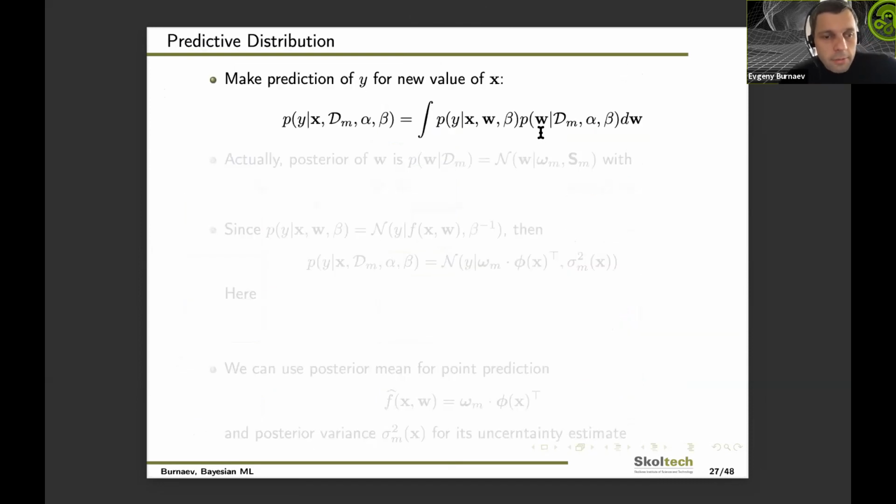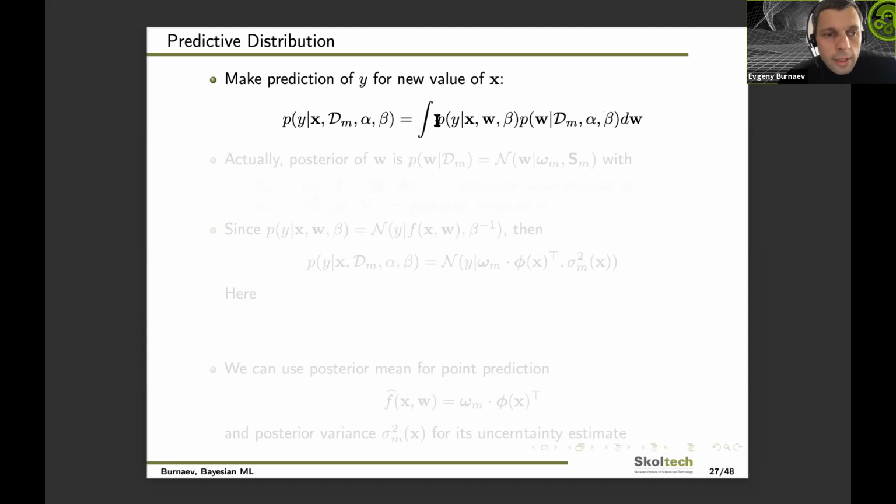And now let me explain how we make predictions in the Bayesian case. So this is our posterior of W given the data set. Alpha and beta are parameters. Alpha is the parameter of the prior distribution, and beta is the parameter which defines the variance of the noise.